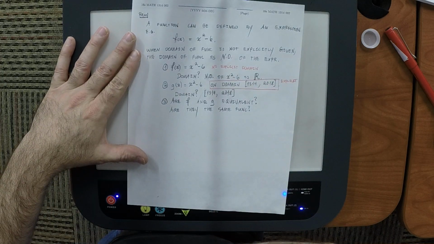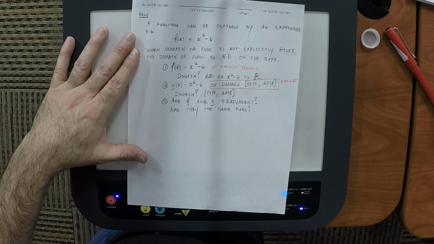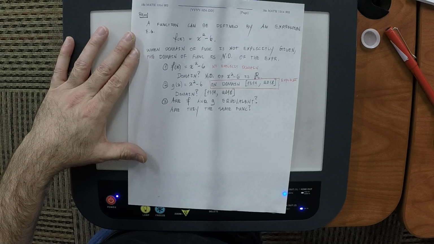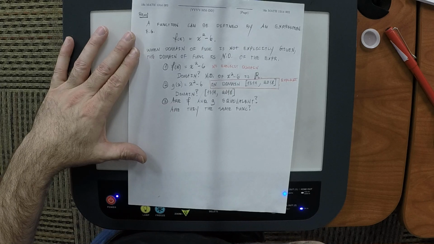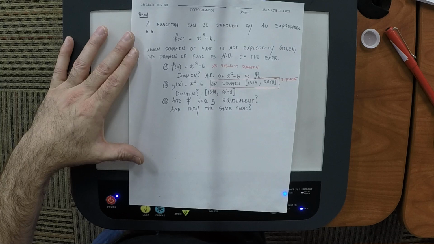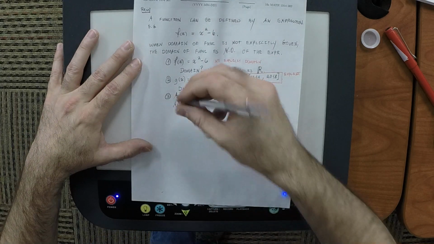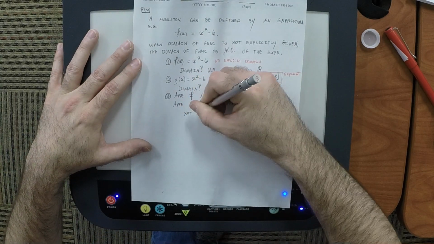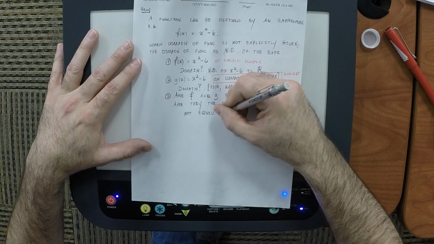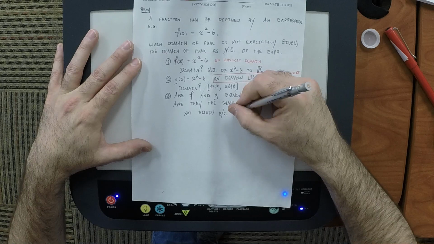I would say that I can't answer that question because I don't know if the domains must be the same in order to state that they're equivalent. So the answer to that question is yes, the domains must be the same. No, they are not equivalent. Okay, good. They're not the same. Not equivalent, because the domains are different.